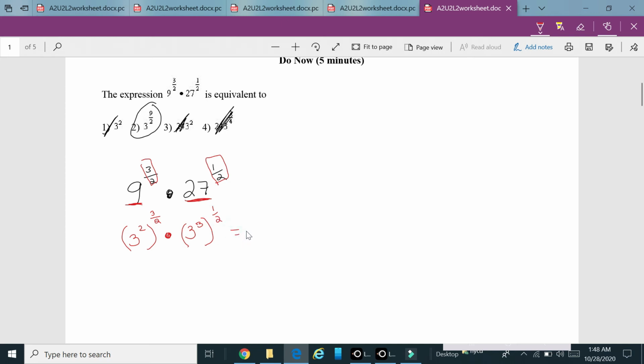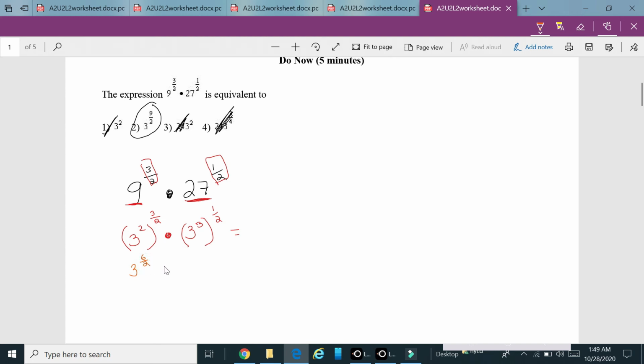Now, the second step that makes this hard is the power rule. You have to multiply 3/2 times 2, which will give you, we'll use a different color, use orange, 3, because 2 times 3 will give you 6, and you keep that denominator.